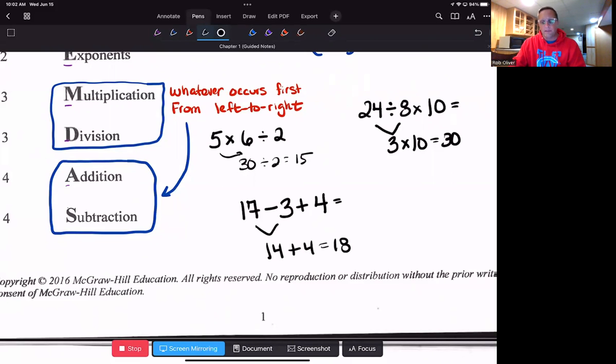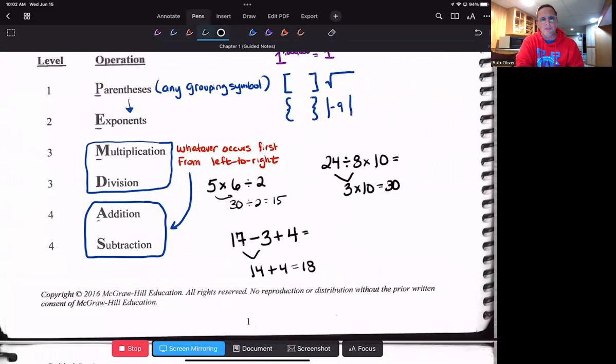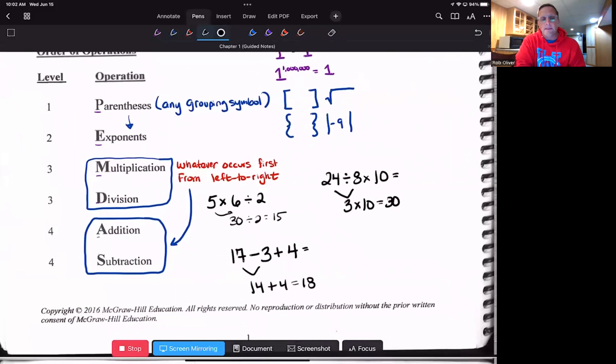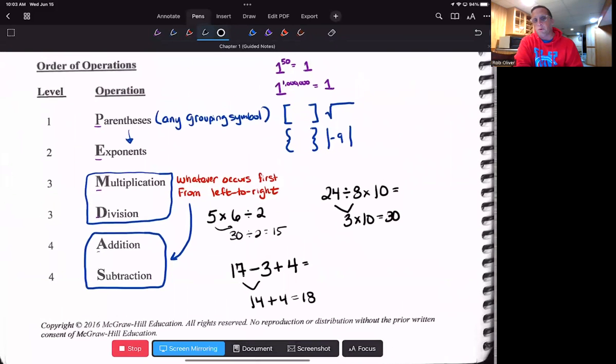So when they are together, that's the big takeaway that you want to come away from with order of operations especially. When multiplication and division are together, do it from left to right. And same thing goes for addition or subtraction. And also what's important about order of operations is that it's super important.